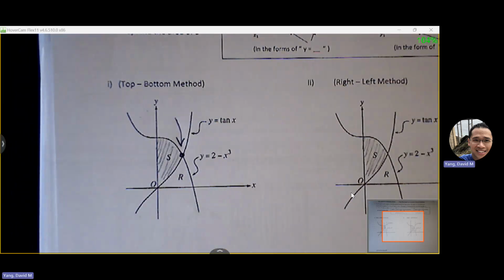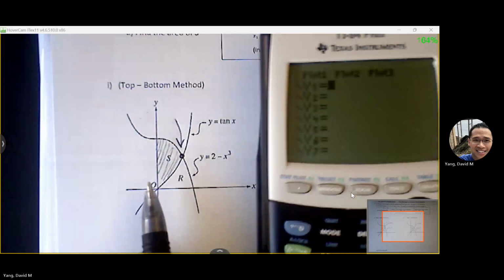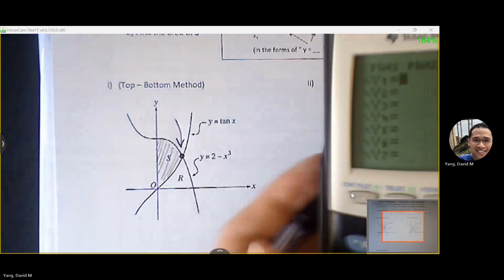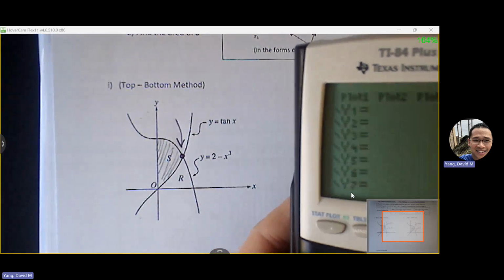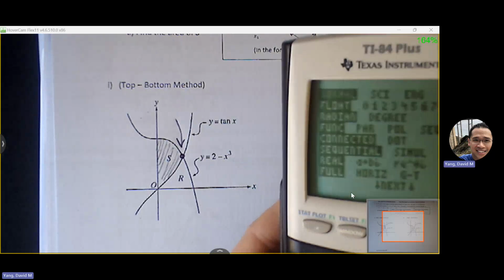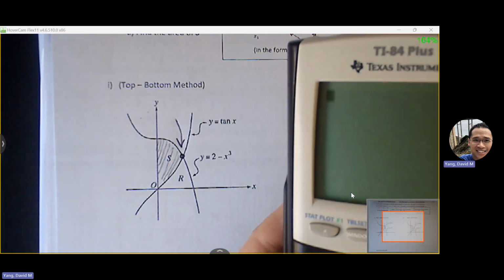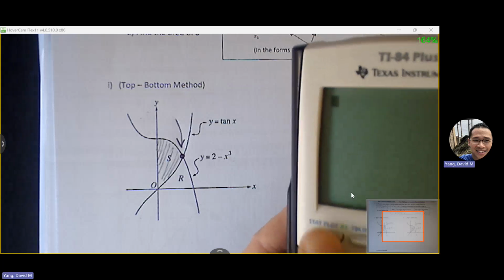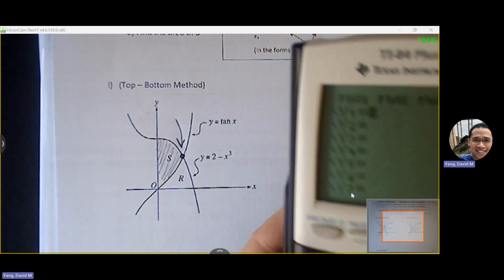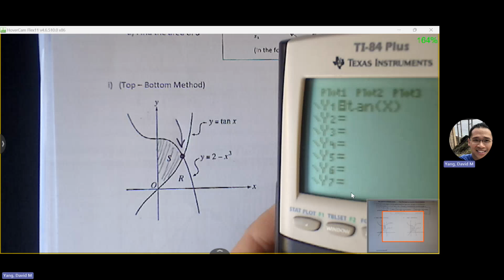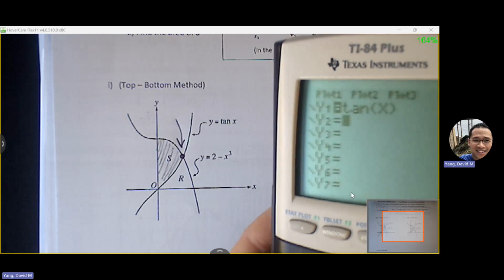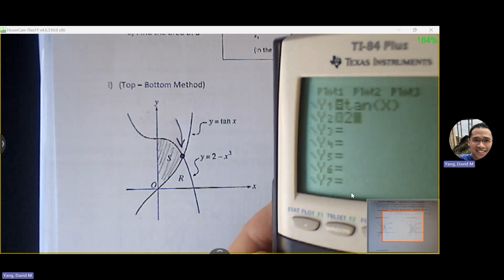Okay, so in your calculator, go to y equals. We'll type in, oh yeah, make sure we should always be in radian mode. So mode radian. Okay, y equals tangent of x. It doesn't matter which one you put in first. Tangent of x and 2 minus x cubed.